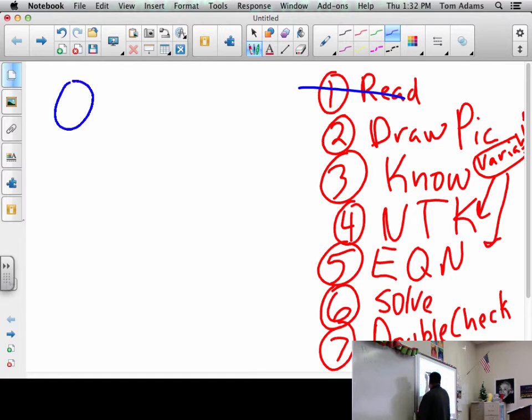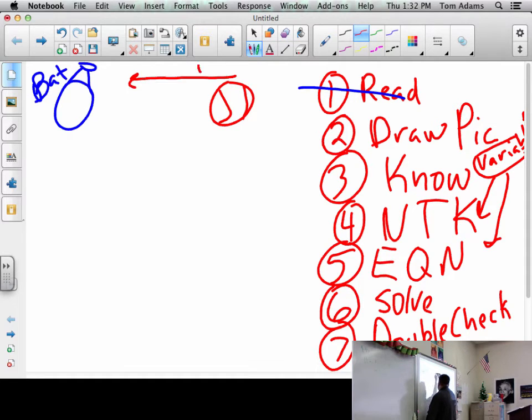Number 2 is I'm going to draw the picture. So this is my little bat. All right, that's the bat. Then the ball is coming in here with a certain velocity. The ball has a mass, and it has an initial velocity, so we call it V0. It's going to make contact with the bat.